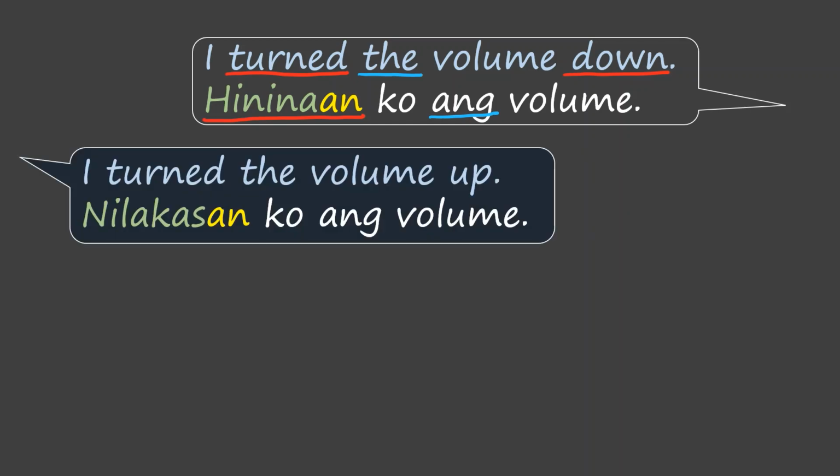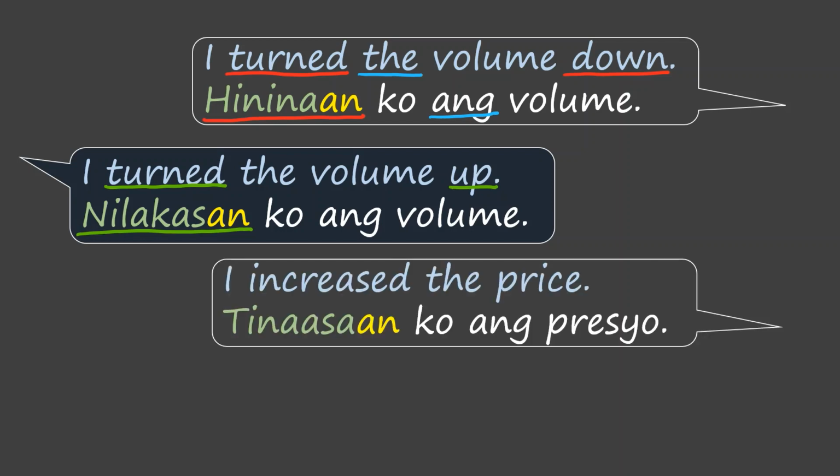I turned the volume up. Nilakasan ko ang volume. Turned up, nilakasan. Nilakasan is actually strengthened or made stronger. I increased the price. Tinaasan ko ang presyo.